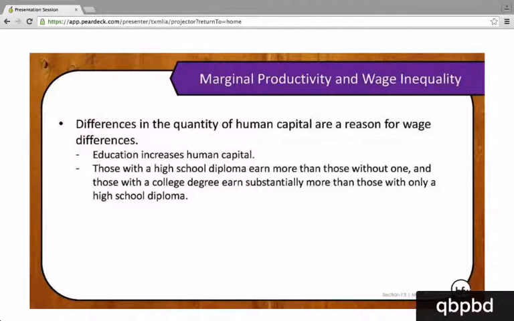In other words, all three of these explanations for wage inequality assume that each individual who is paid more is producing a product of greater value than the other person who's paid less, and that explains why they are paid more. So it's consistent with that theory. But even if we account for wage differences in this way, there are still unexplained differences between the wages of two individuals whom we might expect to receive identical wages.